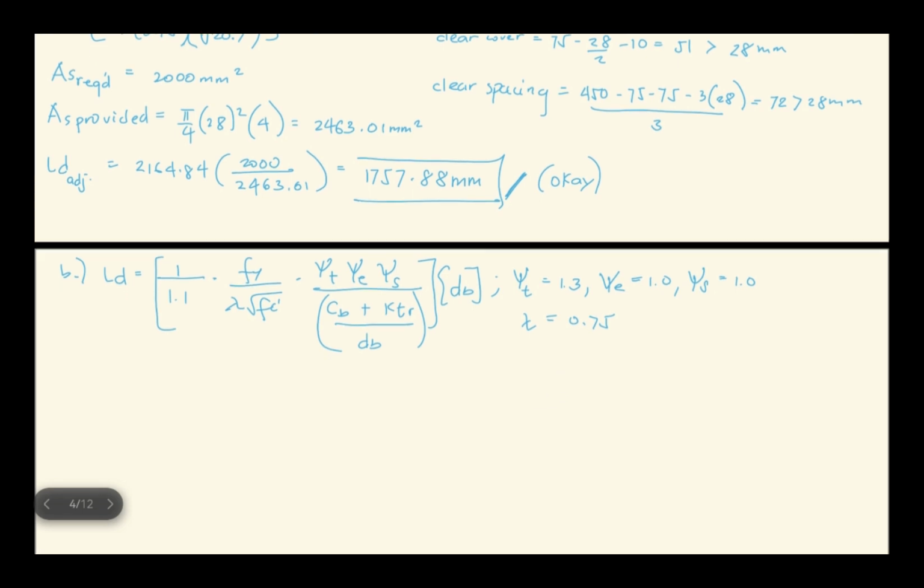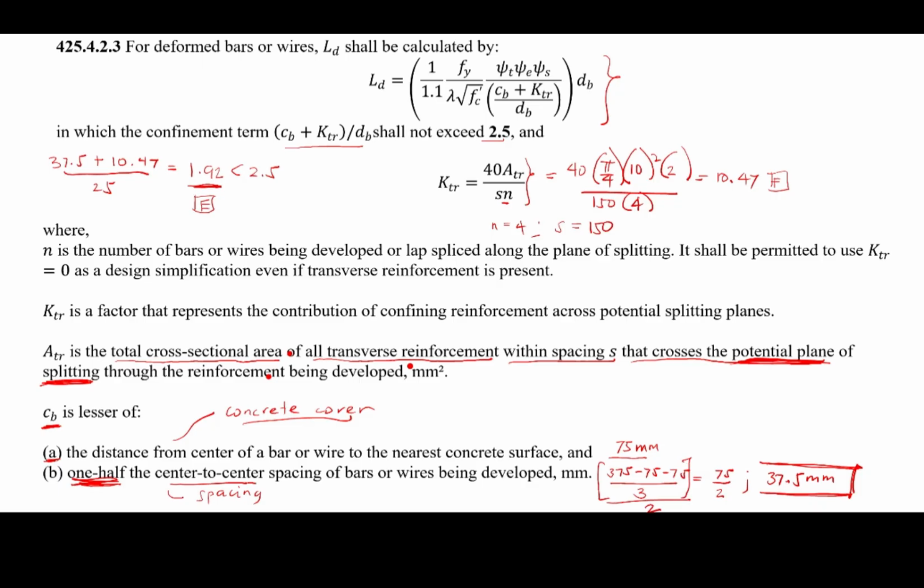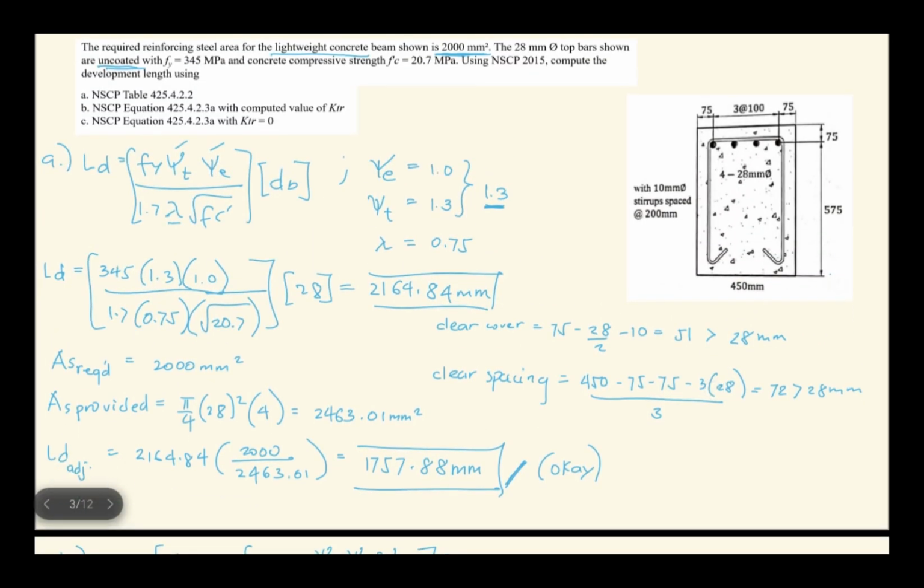Now we determine the value of CB. We are guided to determine the value of CB based on this criteria as to the concrete cover and spacing. The concrete cover is the distance from the center of bar to the nearest concrete surface, and in this case that value is 75, the same 75.